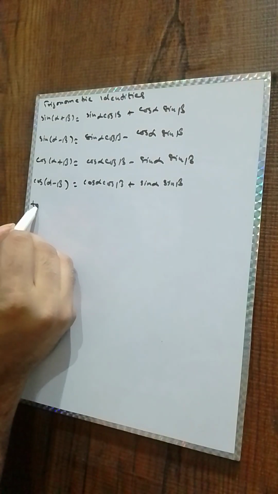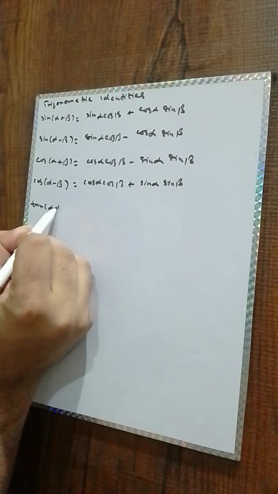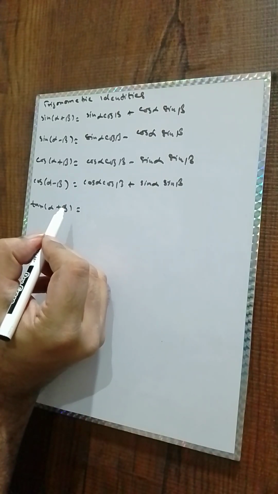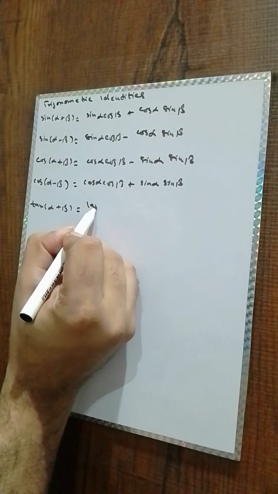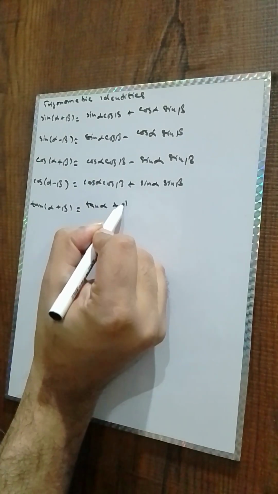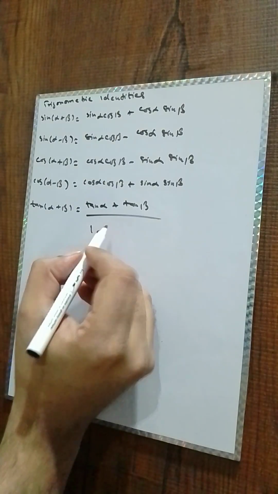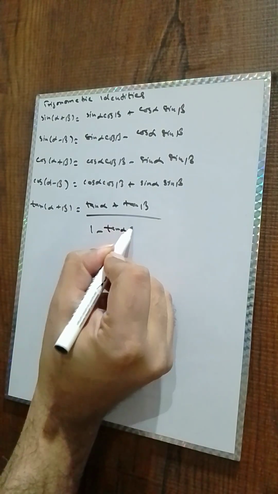Okay, and now we have this form for tangent, which says tangent alpha plus beta is equal to tangent alpha plus tangent beta by 1 minus tangent alpha tangent beta.